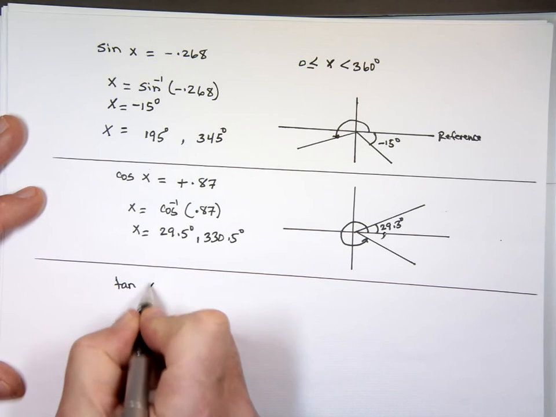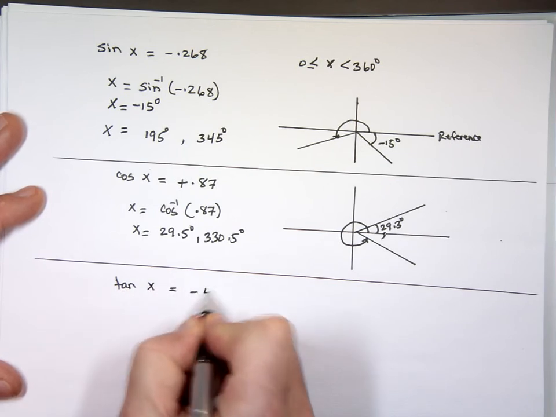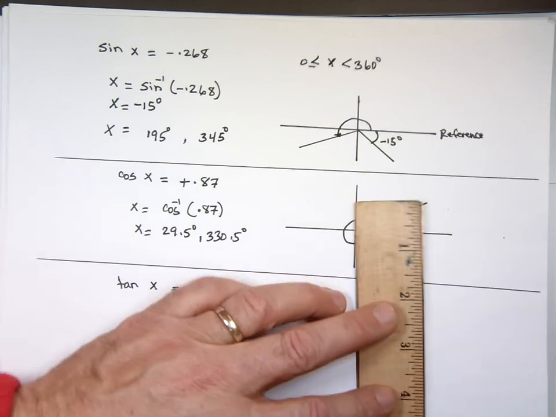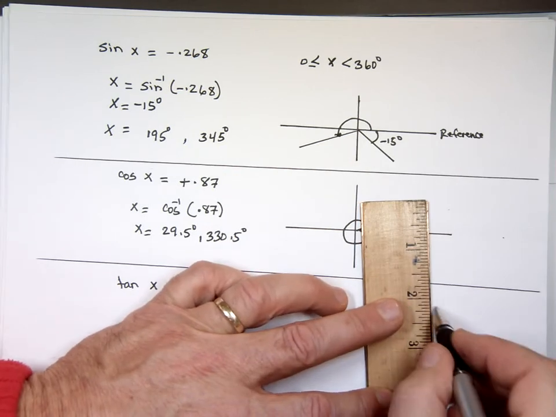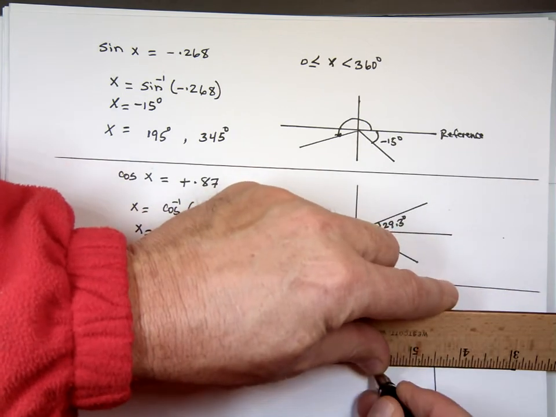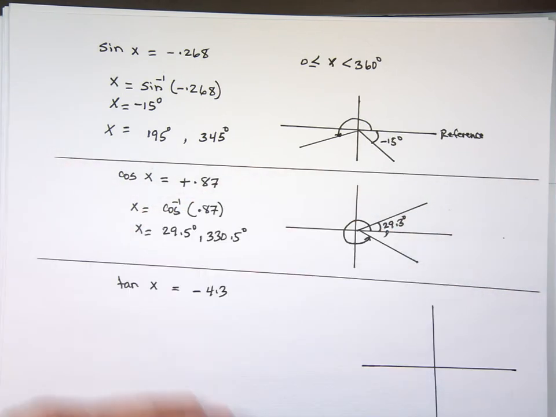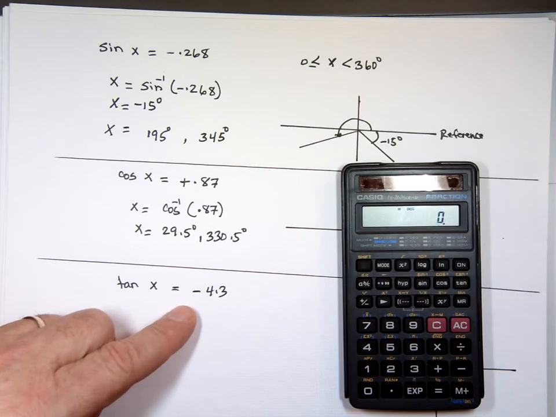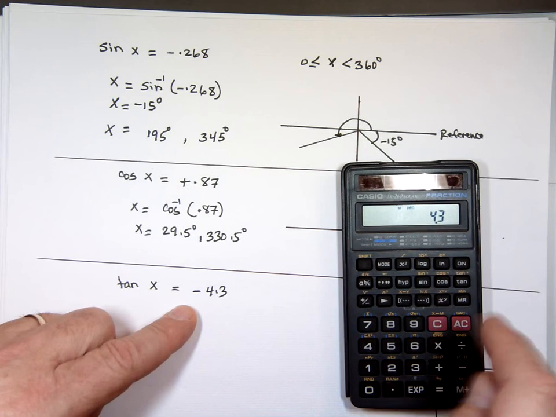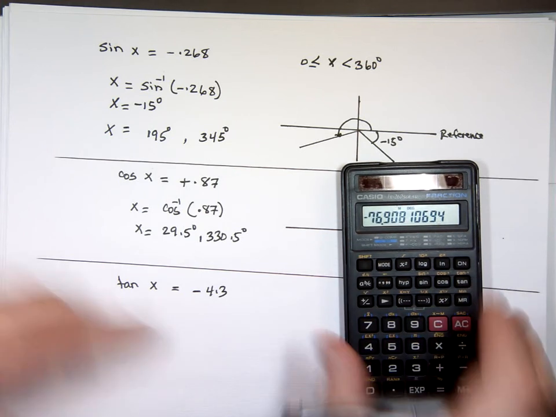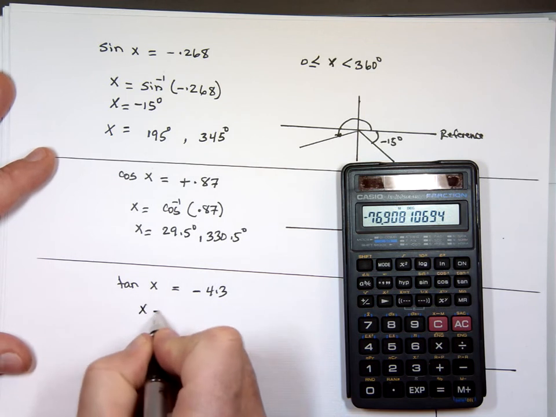Let's see the tangent of x equals negative 4.3. Take the inverse tangent of negative 4.3, and I get negative 77 degrees. They don't like to use negative.